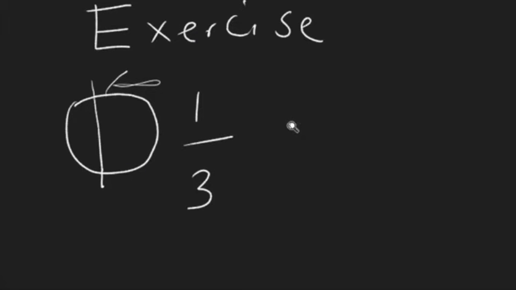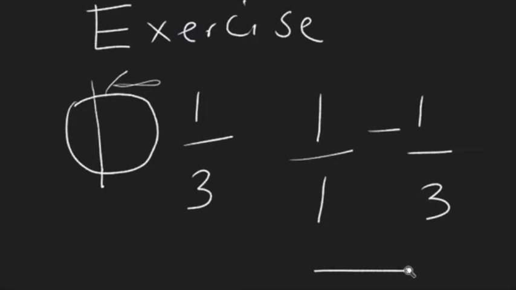Okay, one of the easiest ways to achieve this is to find a common denominator for both of them, and then you can work with the numerator to obtain your answer. So when we try to find the common denominator between 1 over 1, which is also 1, and 1 over 3, our denominators here are 1 and 3.